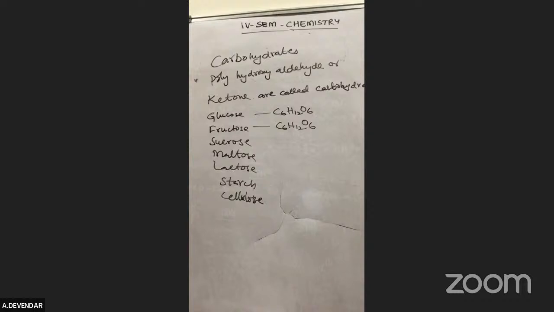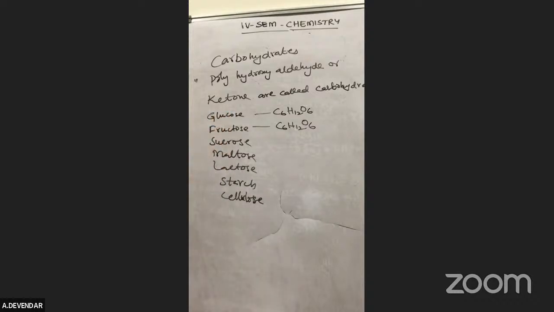Your custard apple is fructose. Glucose means glucose D powder. It gives immediate energy when you take it, because it is easily hydrolyzed. You get energy from the glucose and fructose.